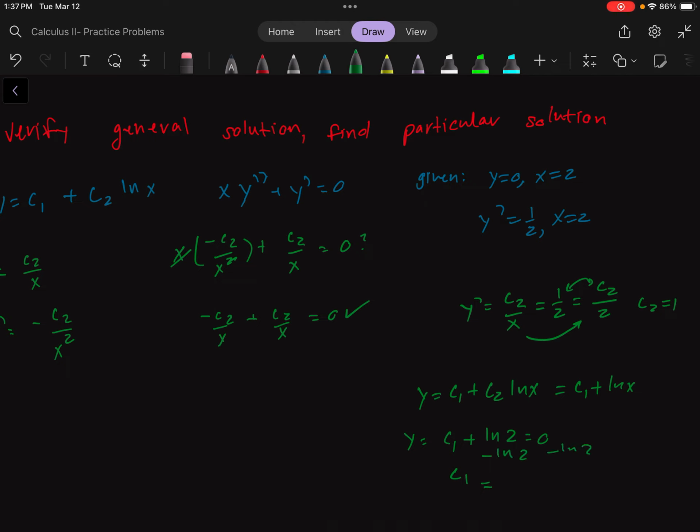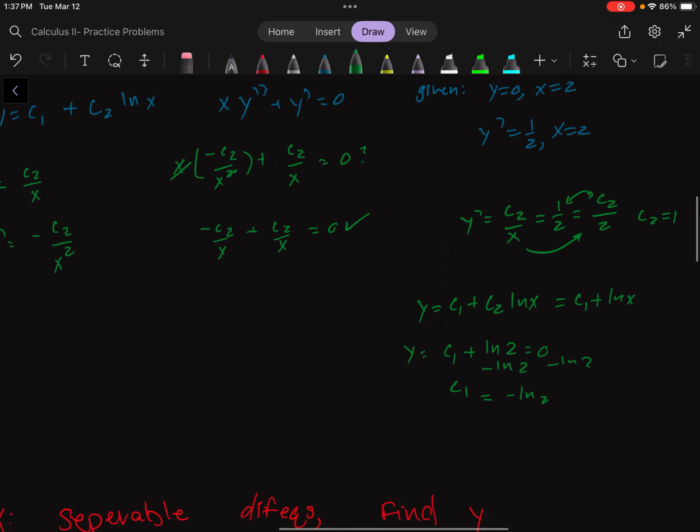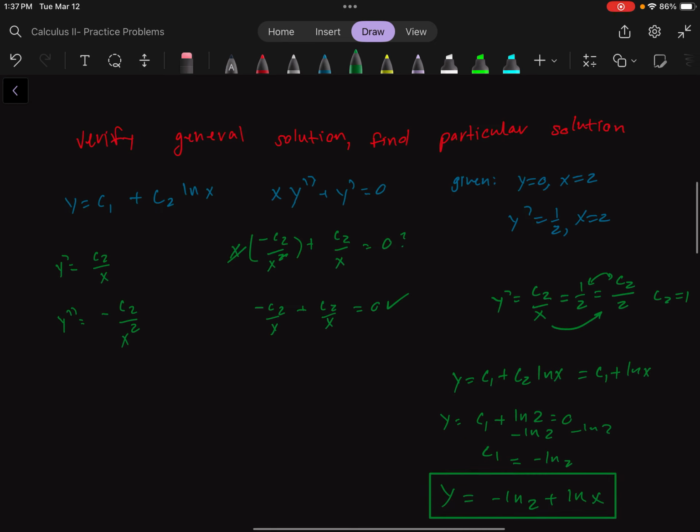So c1 is equal to negative ln 2. Finally, we could rewrite y as c1 plus c2 ln x. So this would be the particular solution. It is not only a general solution that satisfies this differential equation, but it also satisfies these two initial conditions. So this is called a particular solution.